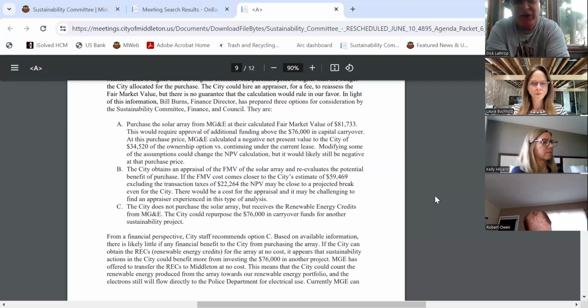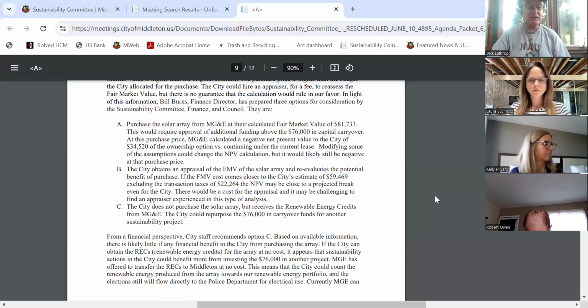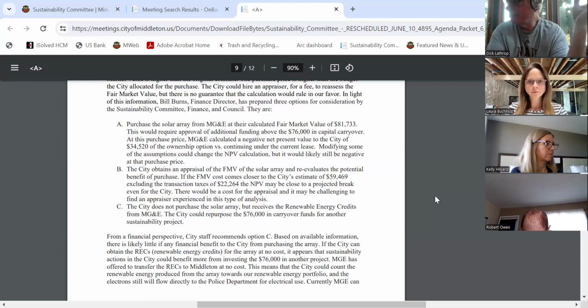That's kind of scary, thinking maybe this is not the panacea. And as long as we're getting our renewable energy credits for the city, the question is, are we saving money by generating electricity, or is MG&E keeping extra savings? That'd be the thing I'd want to know. We're allowing our rooftop to be used to generate renewable energy.